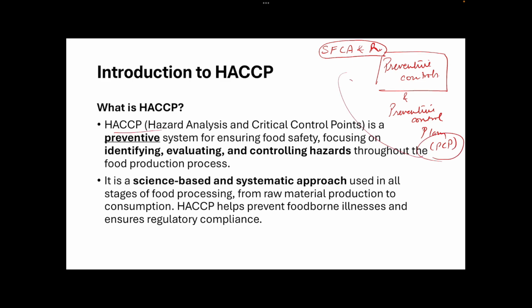It's not much different. So any business that comes under the jurisdiction of this law must have preventive controls in place, and those who do business, they have revenue more than $100,000 a year, they must have a written HACCP plan.